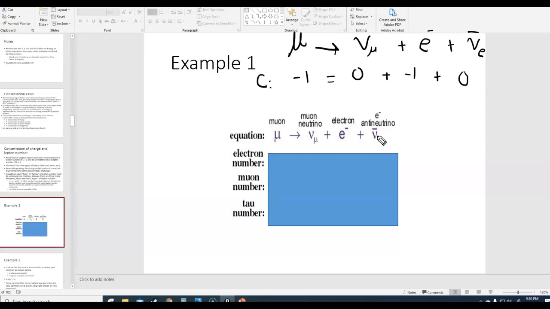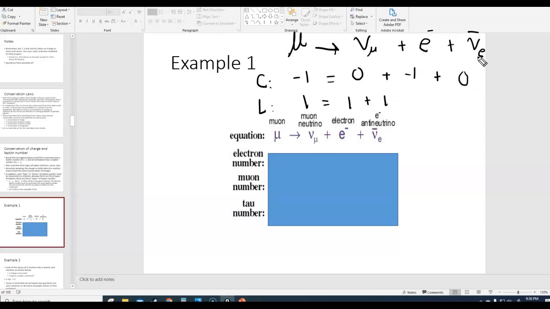Okay, so now let's take a look at lepton number. Okay, first let's look at the overall lepton number. Now overall lepton number, remember that a lepton has a lepton number of 1, so this muon would have a lepton number of 1. This neutrino would have a lepton number of 1. This electron would have a lepton number of 1.